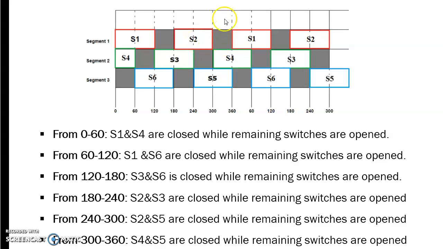Again for the next 60 degree there is no switch in that leg on, then S1 like that. You can complete this switching devices list. Each switch is conducting for a 120 degree duration. Hence 0 to 60 S1 and S4 are conducting, 60 to 120 S1 and S6 are conducting. Like this you can write; we will discuss 120 degree conduction in the next class.